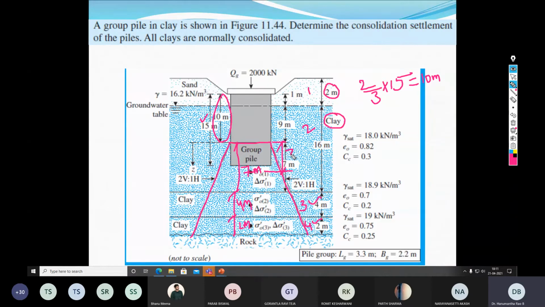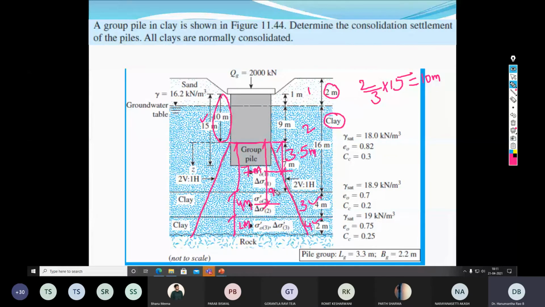So for layer number 1, the middle exists at 3.5 meter. For layer number 2, the depth from the fictitious footing to the middle of the second layer is 7 plus 2, that is 9 meter.